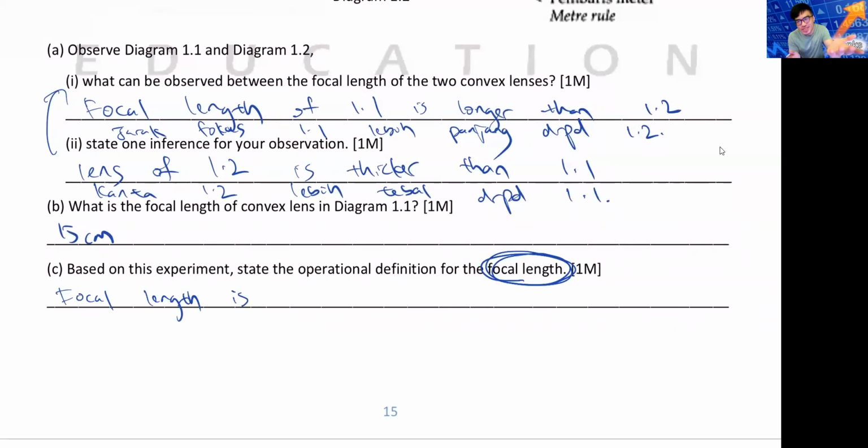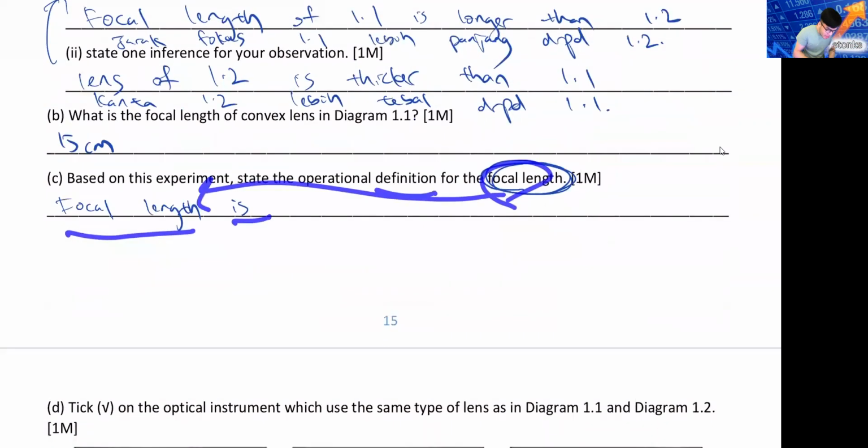Moral is a stupid subject, isn't it? 18 nilai, you just hafal everything, go inside and write, then you get A already. So how do you answer? Kepercayaan kepada Tuhan ialah, first step. Whatever definisi they want, you put it back and you put "is". Since they want the definition for focal length, I just write it back down: focal length is. This is the first step.